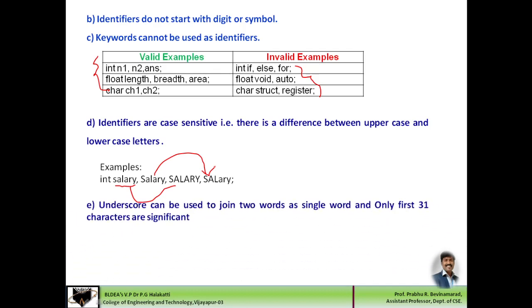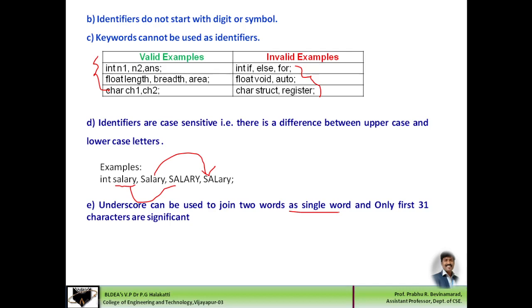And underscore can be used to join two words as a single word. In case we are using an identifier name that has two different words separated with a space, then we must join those words with an underscore character, then it will be valid.